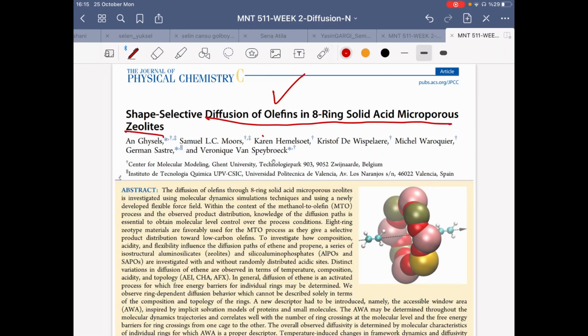They say the diffusion of olefins through 8-ring solids was done by molecular dynamics simulation using a newly developed flexible force field in the context of the methanol to olefin process.